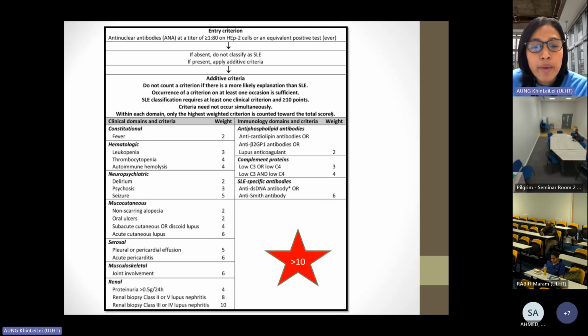There are clinical domains like fever, neuropsychiatric features, mucocutaneous features, serosal features, musculoskeletal features, and it includes the investigation results as well. You can see that if the complement protein is low, it adds some points to the classification criteria. That is why we request the complement protein when we suspect a patient has lupus.